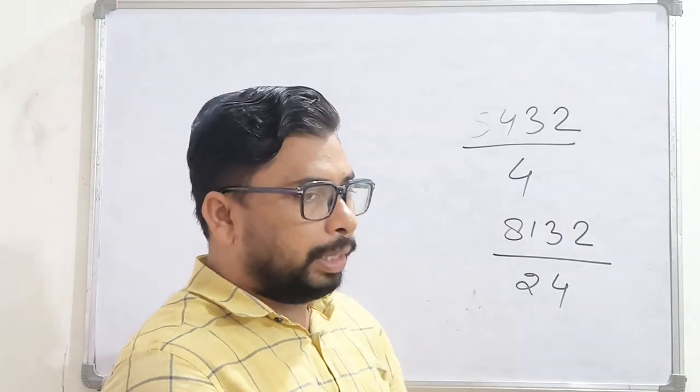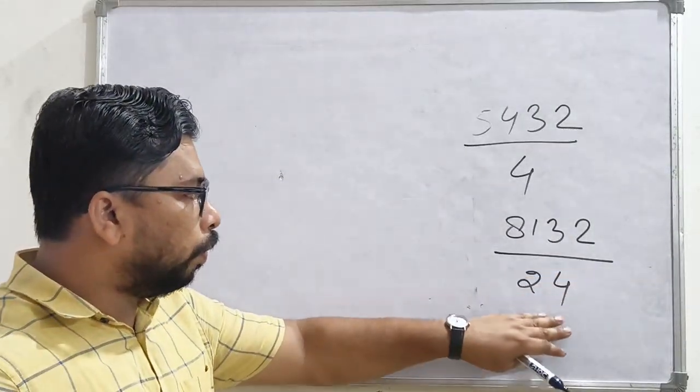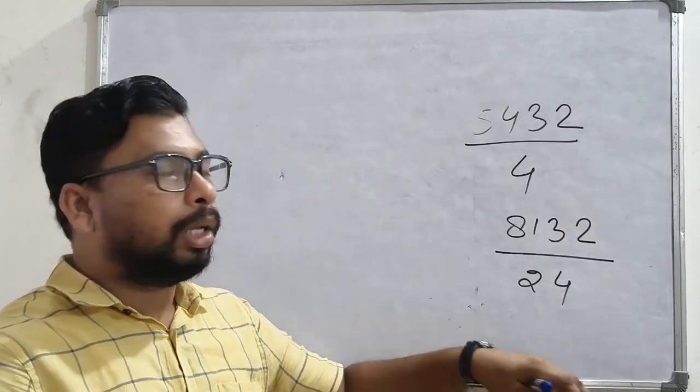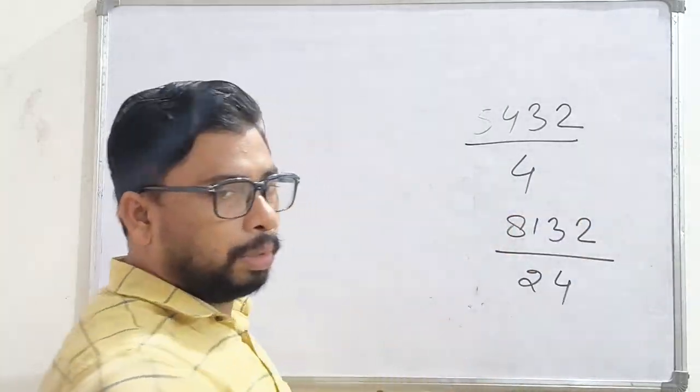After that, if you know the divisibility rule of 4 or 8 or 6, you can easily cancel this out.